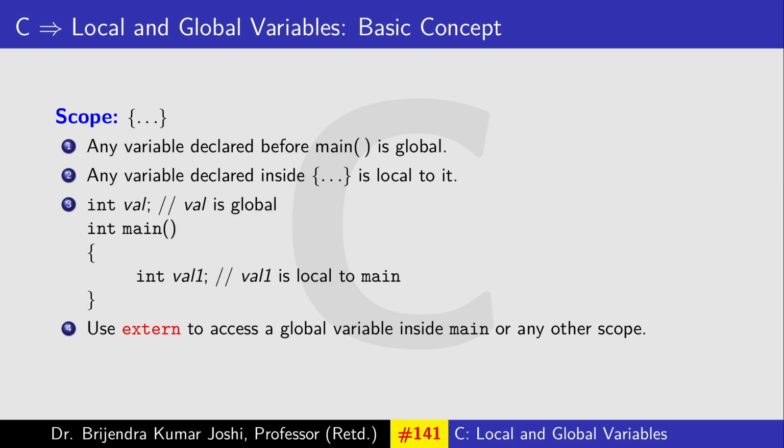If we wish to use a global variable inside main, in this example or any other scope, we need to use extern. So to access global variables inside any scope, we need to use extern.